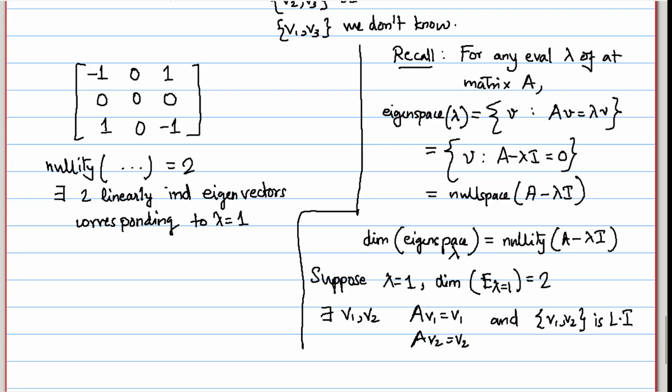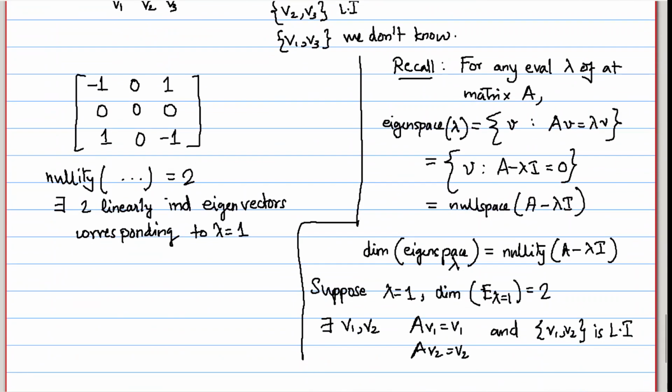So there are two of them, and there is already one eigenvector, which is obviously linearly independent from the other two, corresponding to lambda equal to minus 1.